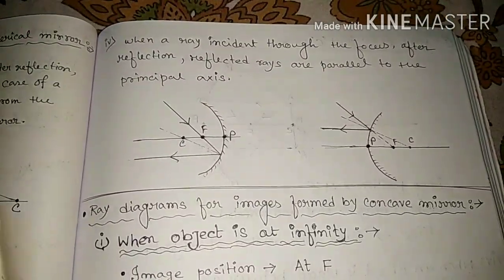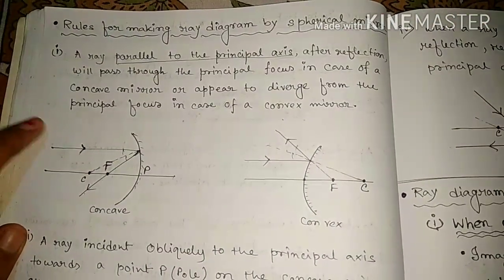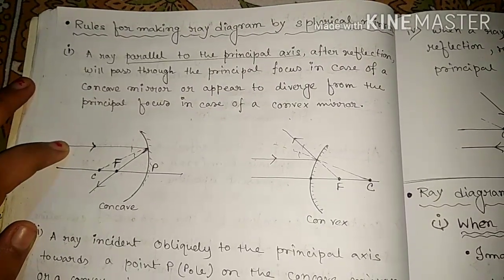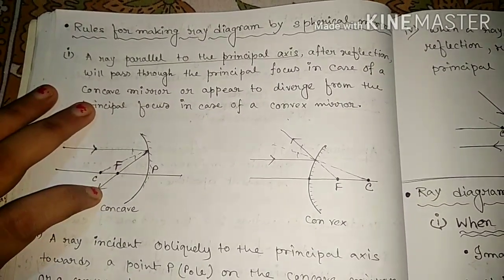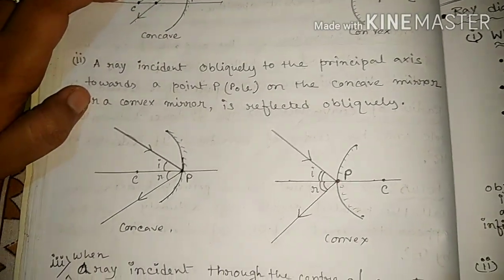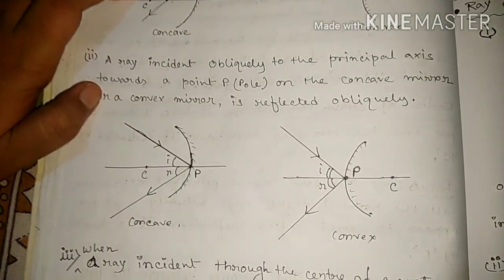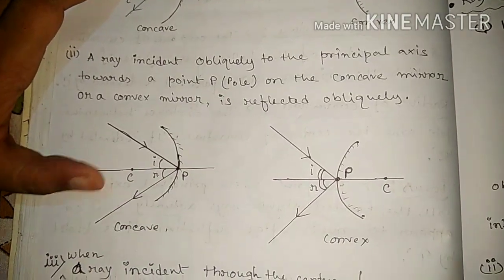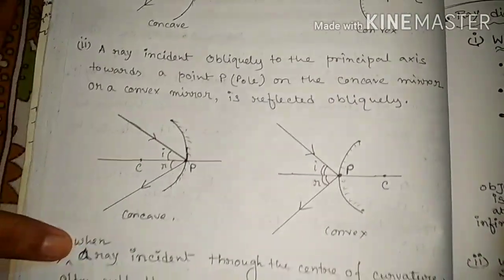So once again we discuss this in short. First one, incident ray parallel. After reflection, the reflected ray passes through the focus. Second rule, if it is directly incident on the pole, it will be reflected from the pole on the other side of the principal axis.